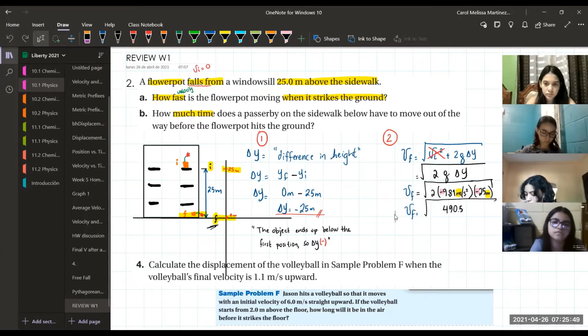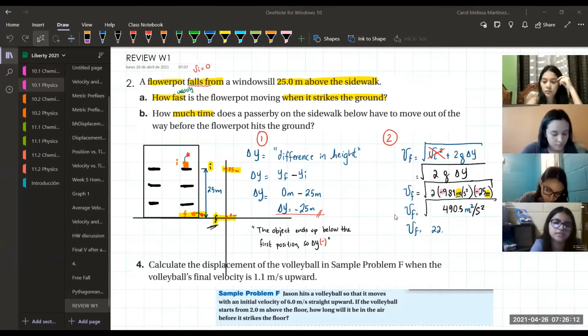Meters times meters gives you meters to the second power, and all this is divided by seconds squared. So how much is this? 22.1 meters per second.